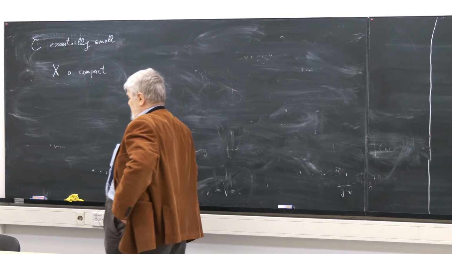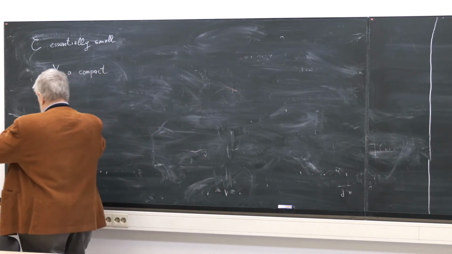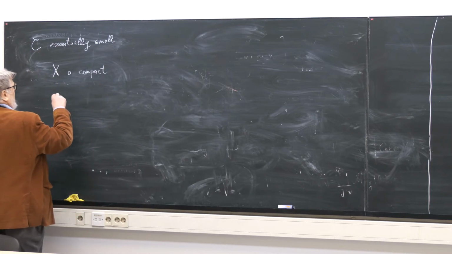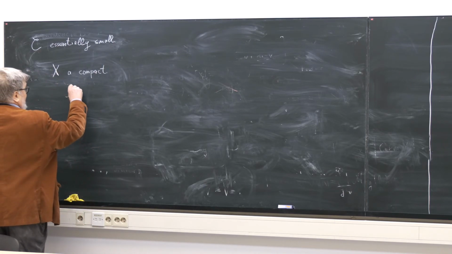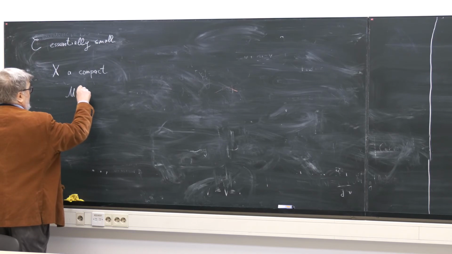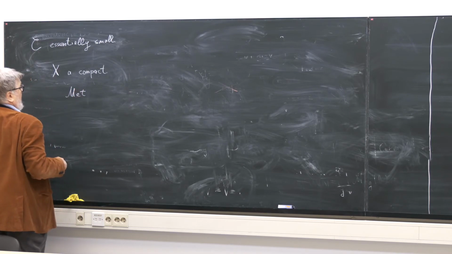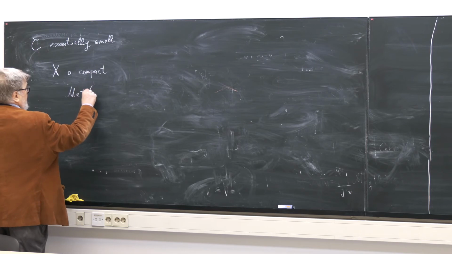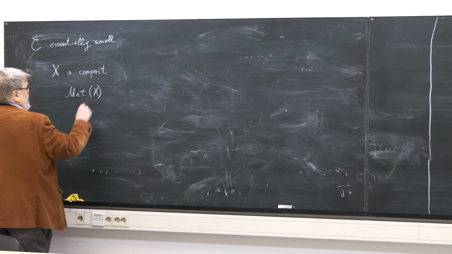So let's just use the words topological space, and then we consider the set of metrics on X.